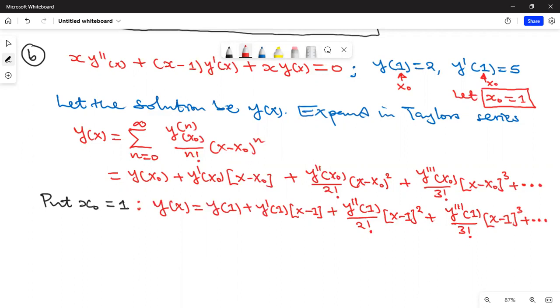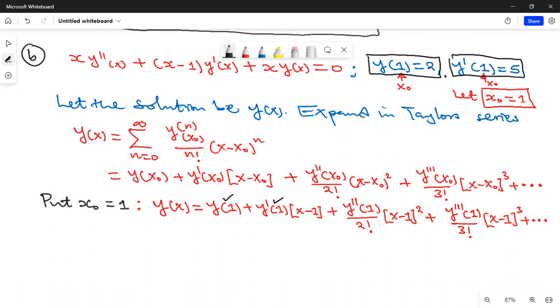So, what do we know? We already know the value of y of 1, that is given. Also, we know y prime of 1, that is also given. We need to find y double prime of 1 and y third prime of 1. Already I've told you how to find them.